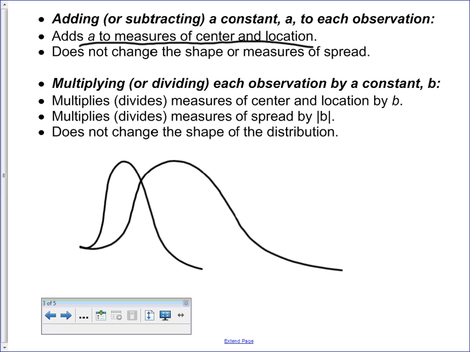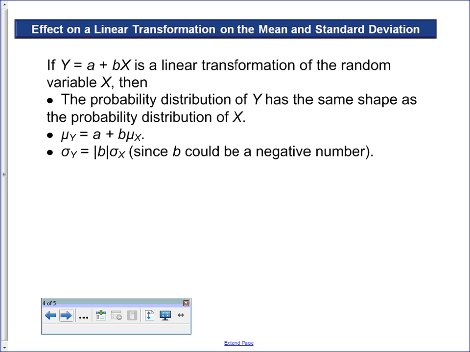The big one is this one: when we add something to the random variable, it does not change the standard deviation or the IQR or anything else like that. And this is just that same information written mathematically.